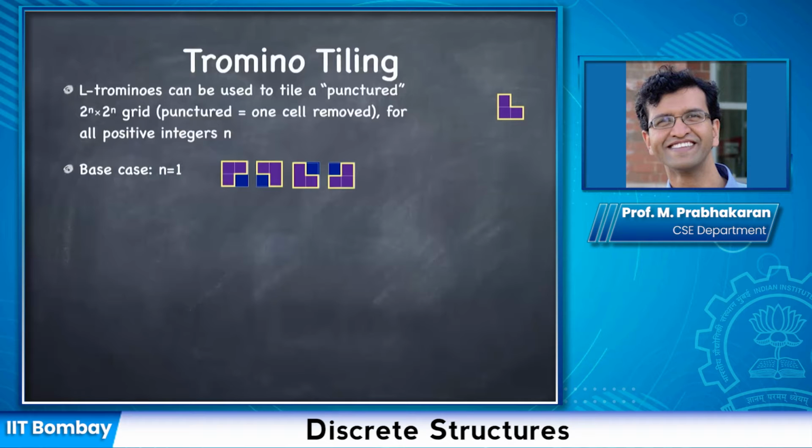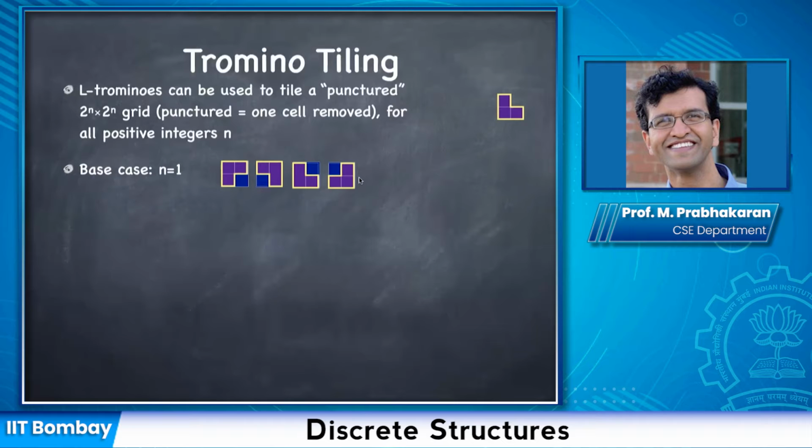So tiling here means that you can cover every square in the grid: you take a bunch of Trominos and arrange them on top of the grid such that every cell in the grid is covered by exactly one Tromino, no 2 Trominos overlap, the Trominos don't stick out of the grid either, and they leave the punctured position uncovered, right? So they cover only the unpunctured cells of the grid. Okay, so for n equal to 1, here is a proof by picture that you can do this tiling. How do you do it?